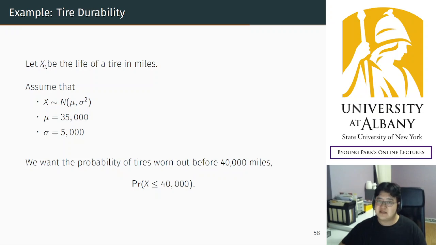Then obviously it will not be a standard normal distribution because the typical value of x will be maybe several thousand or even greater than that. The scale is quite different from the standard normal distribution.